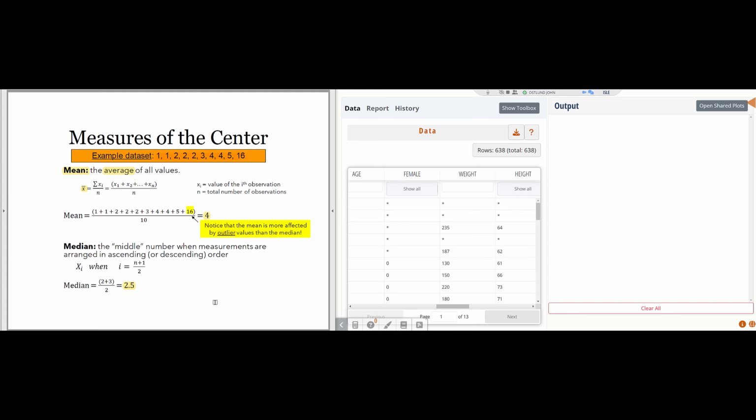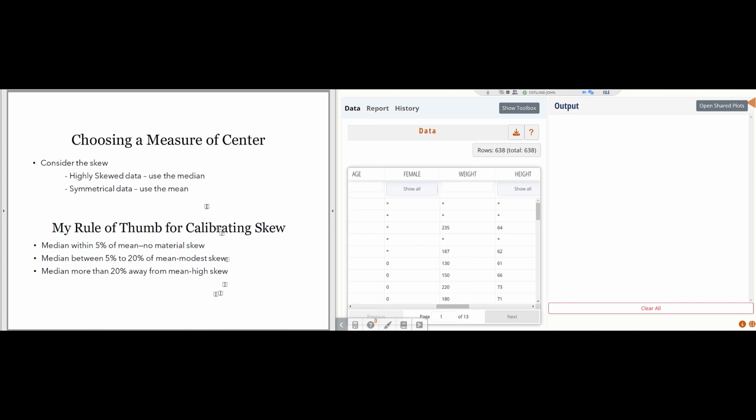Well, it's up to you to decide. The skew is the amount of data that are far away from the center.